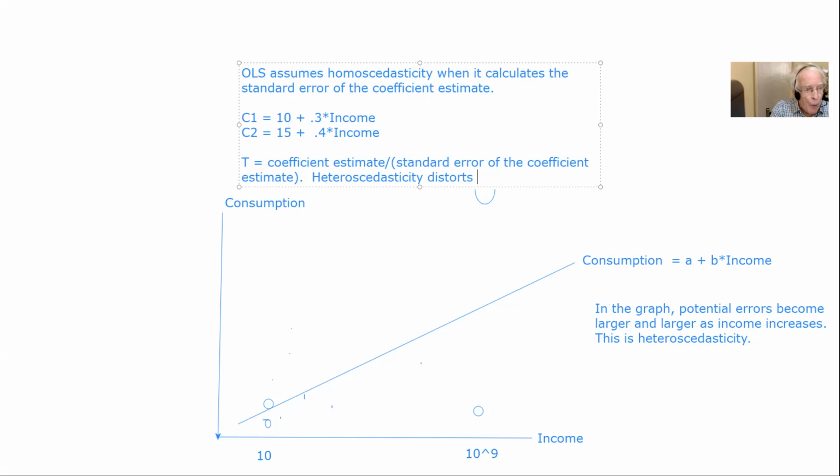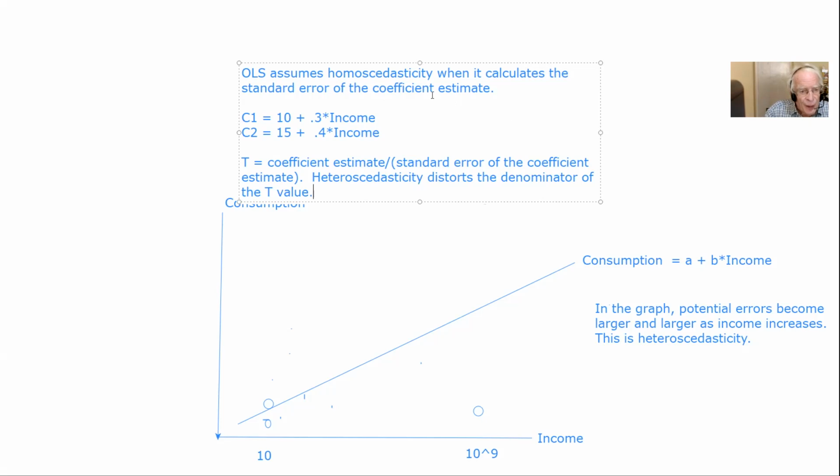Heteroscedasticity will distort the denominator of the t-statistic, and for that matter, will in general invalidate inferential statistics. So there is the problem.